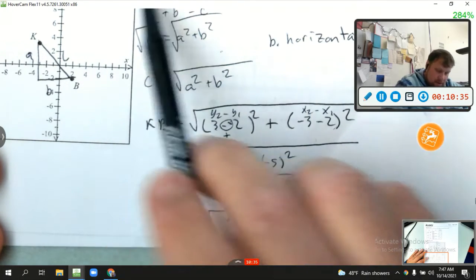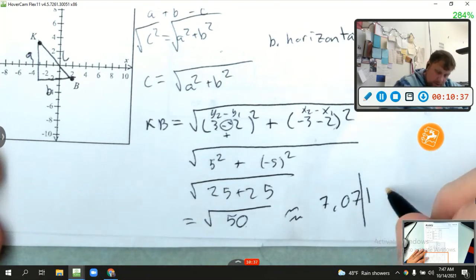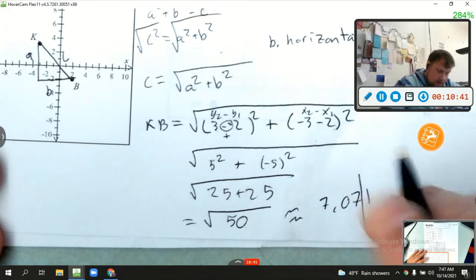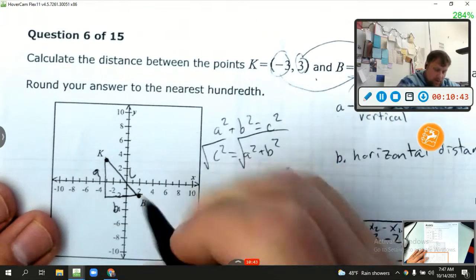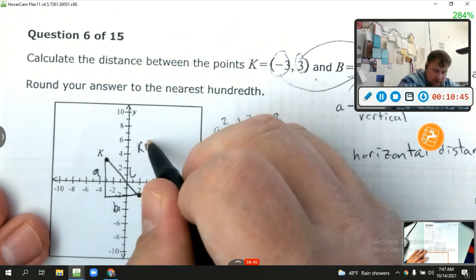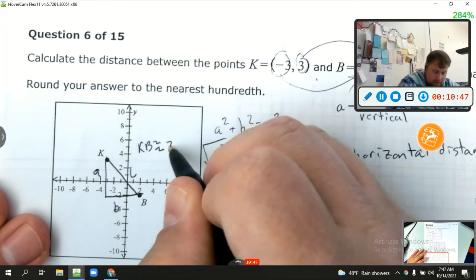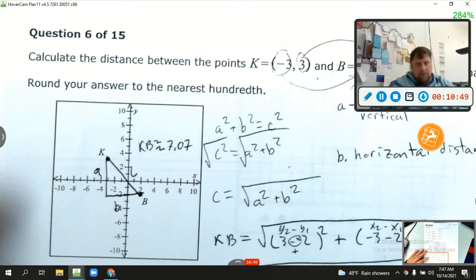The nearest hundredth is 7.07, because that one tells us to stay the same. So we now know that KB is approximately 7.07. Boom. That's a good problem. I like it.